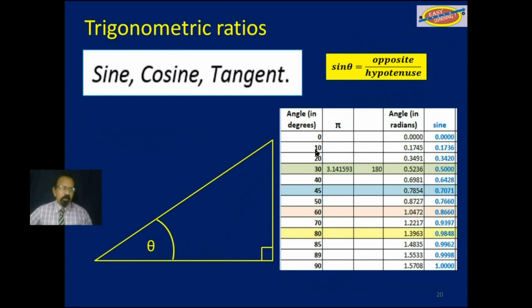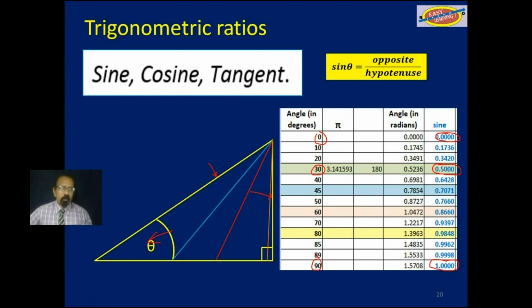If you change this angle, if you begin at 0 and you go up to 90, notice that the sine begins also at 0 and it goes up to 1. Of particular importance is this 30 degrees, where the sine is 0.5, meaning that this side is 0.5 of the hypotenuse, and so on.